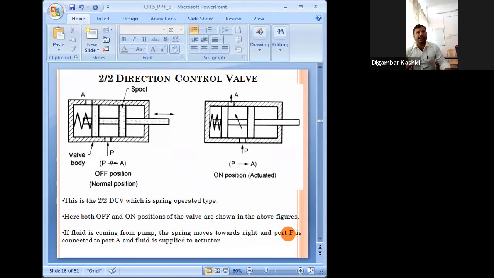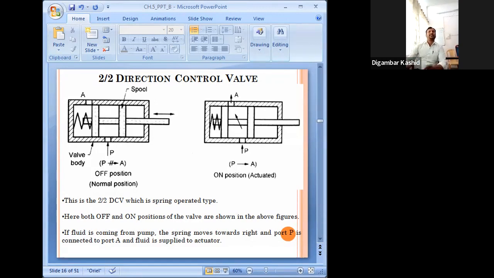But when you operate this spool, that means when it moves to the left side, the spring will compress, and fluid will come from P and go outside from A. You can see this position. This on position you can call actuated. So whatever diagram I've shown here is a 2x2 direction control which is spring operated type.